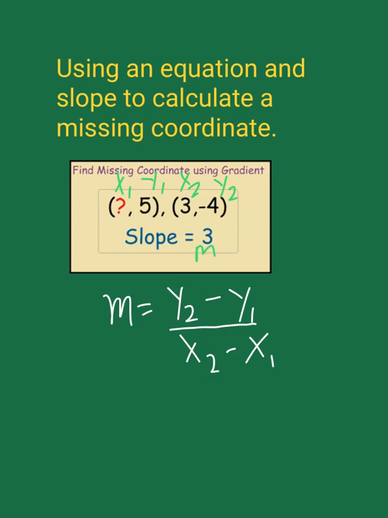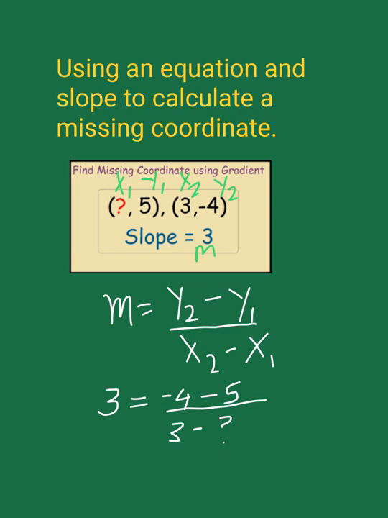So now all I have to do is put in the numbers. m is 3. y2 is negative 4. y1 is 5. x2 is 3. x1 is question mark.